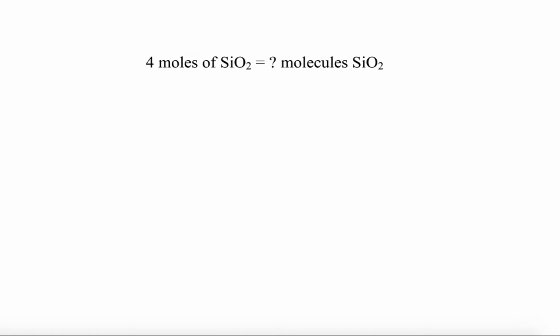If I have 4 moles of SiO2, silicon dioxide, I'm going to go backwards now. So 4 moles of SiO2. I want to know how many molecules that is. SiO2 is a covalently bonded compound, so we use the term molecules, not atoms.